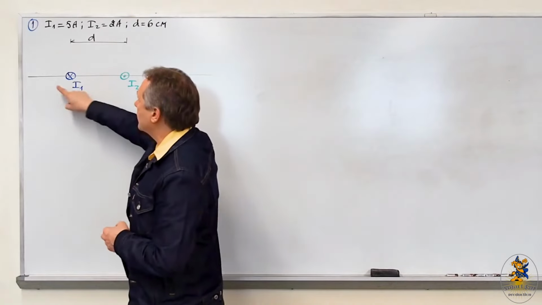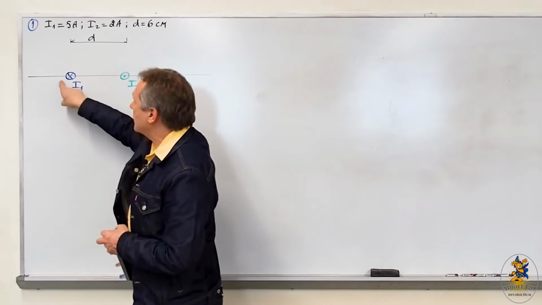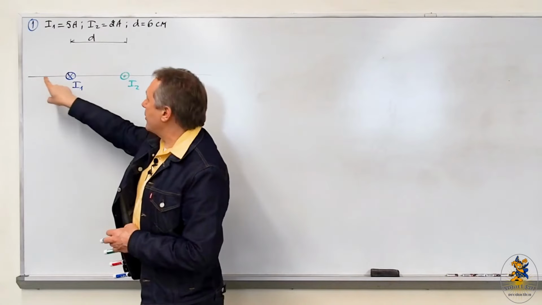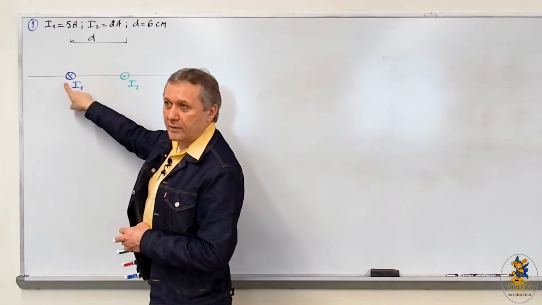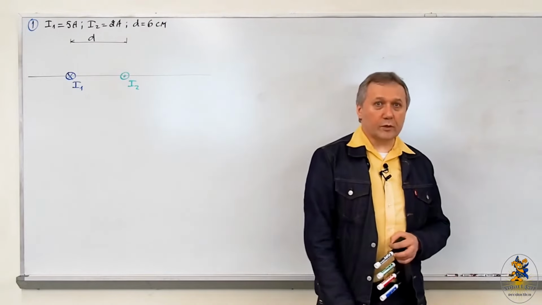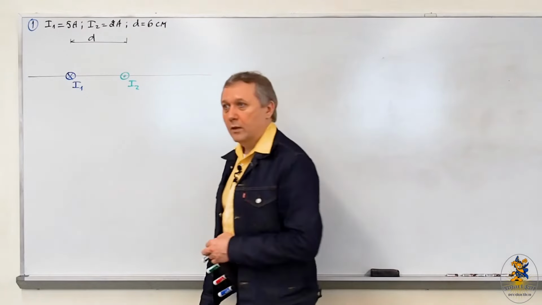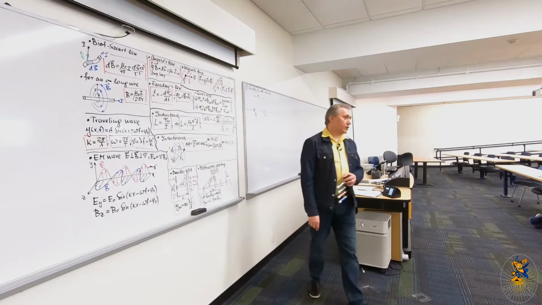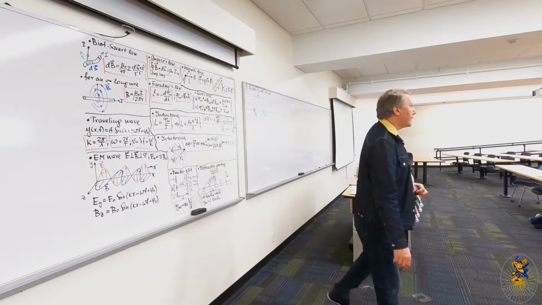At any point, of course, you can take any point, and the net magnetic field will be a superposition of the magnetic field produced by this current and by that current. So now we need to answer the question, at which point can the magnetic field actually be 0.